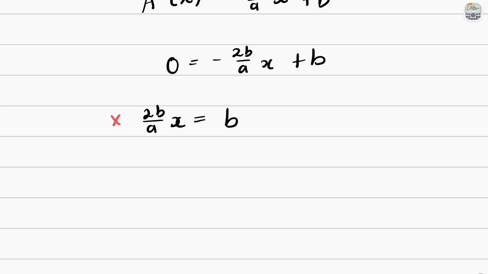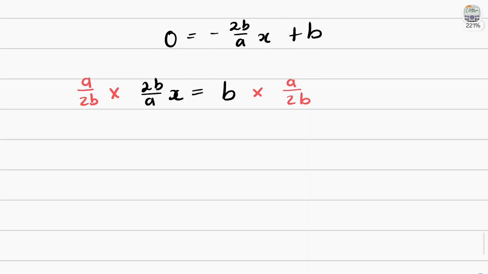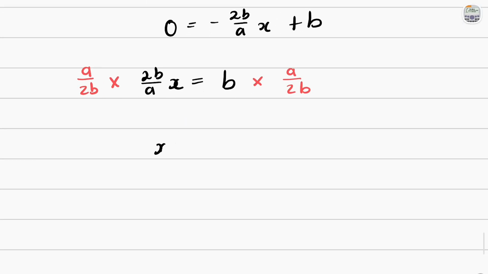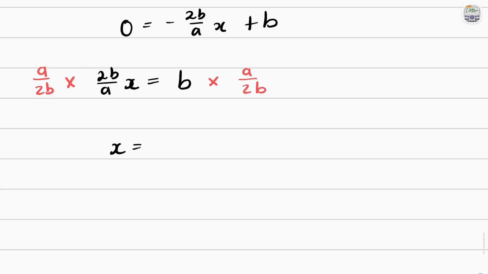So just multiply both hand sides by a over 2b. So x is equal to, and here when we multiply, you see that b is actually in the numerator, with a natural denominator of 1. When they cancel, x is equal to a over 2.